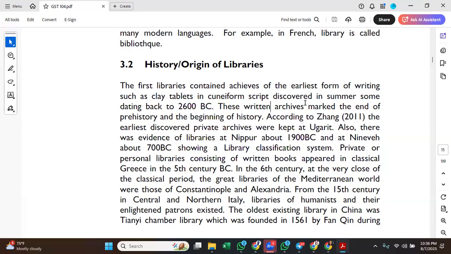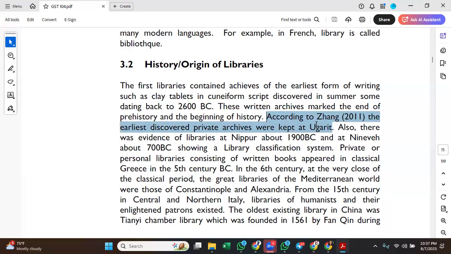Now, these written archives, the correction has been done here. This is the spelling of archives. So these written archives mark the end of prehistory and the beginning of history. According to Dash 2011, the earliest discovered private archives were kept in Ugarit.